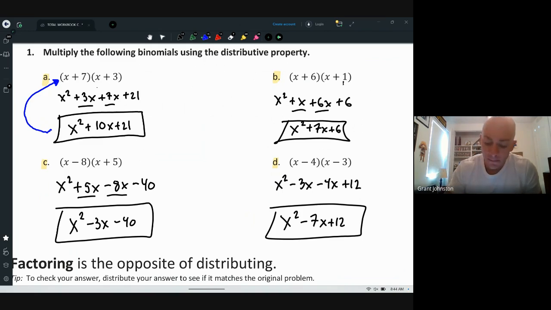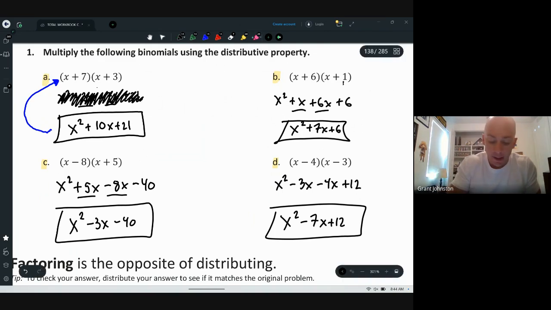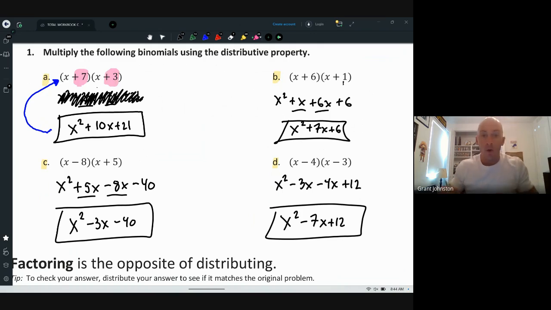If we compare on A the final answer to the original problem, and we're trying to reverse it, you should see that this 7 and this 3 relate to the answer at the bottom. 7 times 3, we're always doing that 7 times 3, which is going to give us this 21.